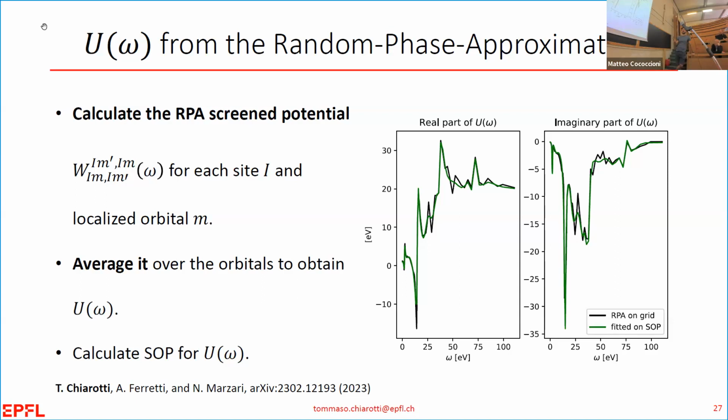So you have to calculate the RPA screening, average it over the Hubbard manifold, and you get this U. And then what you do with my code is compute the sum of the poles for U, in a form that lets you use all the machinery of solving the Dyson equation and calculating the thermodynamic properties. But anyway, this is how the screening looked in strontium vanadate, a very real case example.